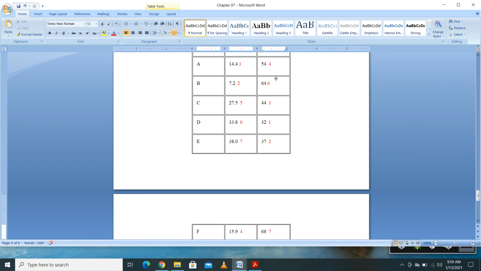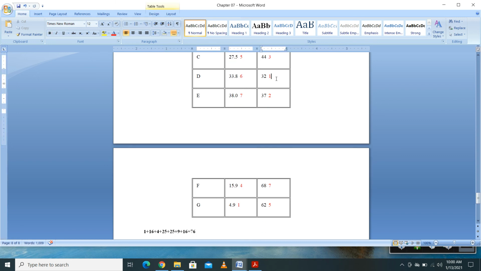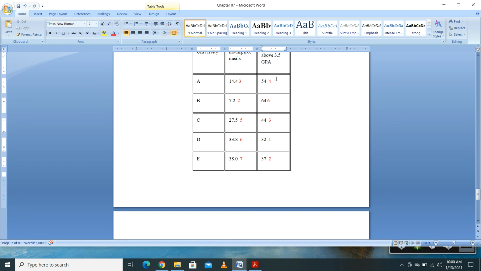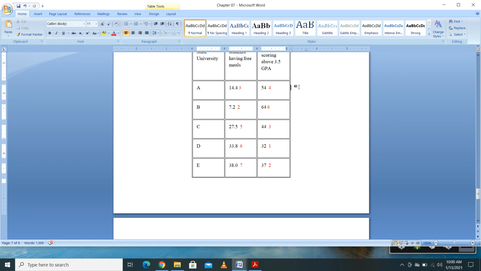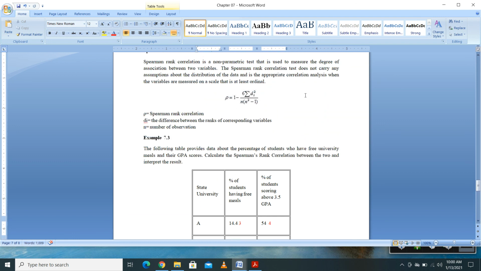So from each sample you have to rank the observed values, and then you have to calculate the difference between these ranks. So for an example, if you take 3 minus 4, that is equal to minus 1, and then you have to take the square value. Why? You have to take the difference and square it.